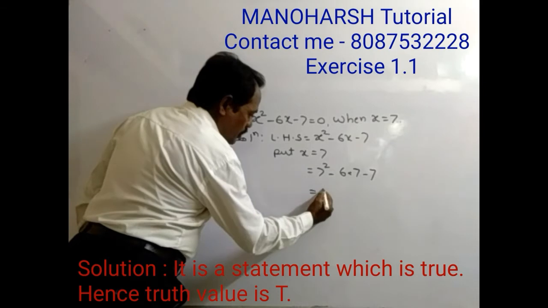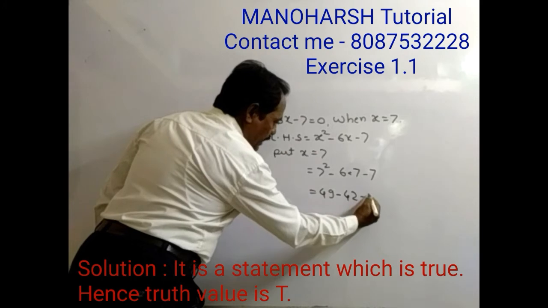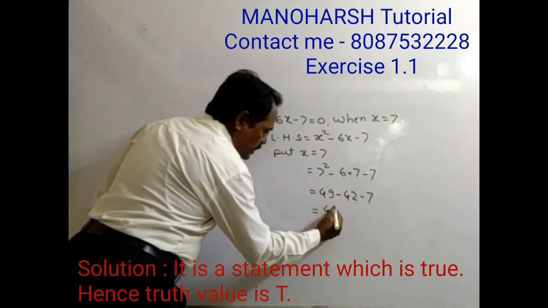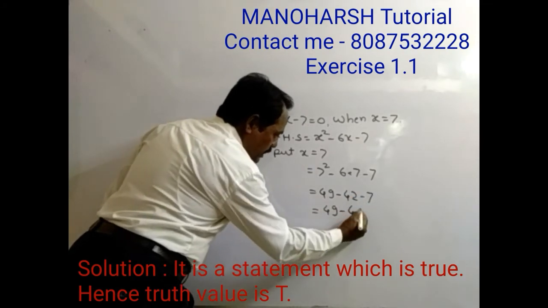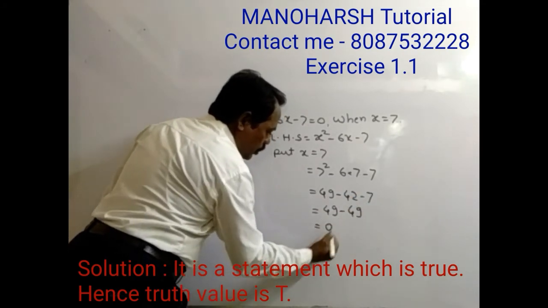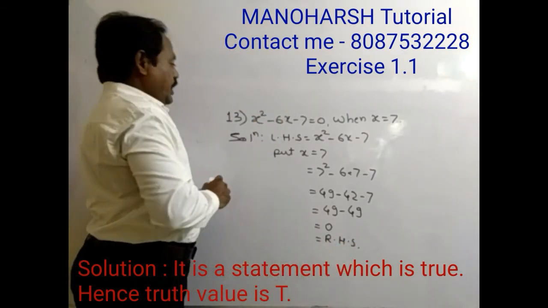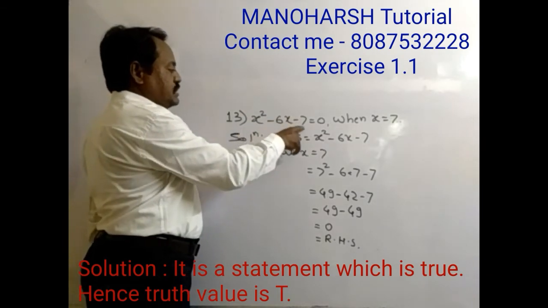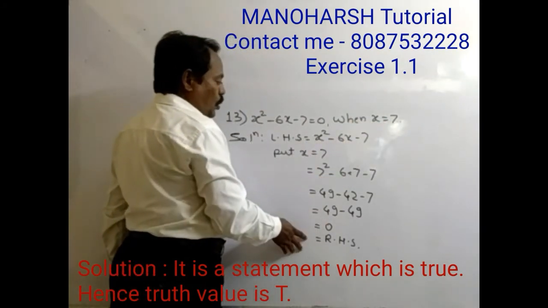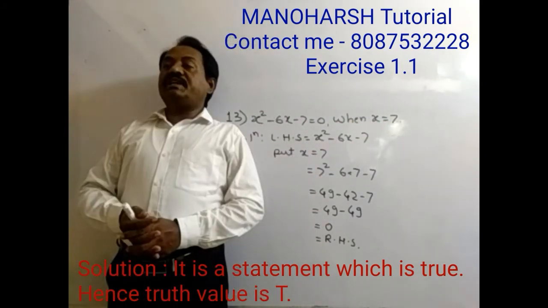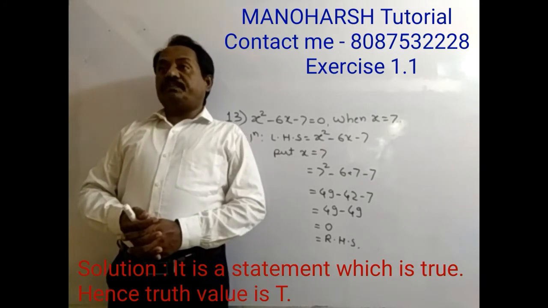So 7 square is 49, minus 6 into 7 is 42, minus 7. So 49 minus 42 minus 7 is equal to 0. So we get the right hand side. So x square minus 6x minus 7 is equal to 0 when x is equal to 7 is completely true. तो ये ट्रू एंड हेंस इट इज स्टेटमेंट. ये स्टेटमेंट है, इसका ट्रूथ वैल्यू होगा कैपिटल T.